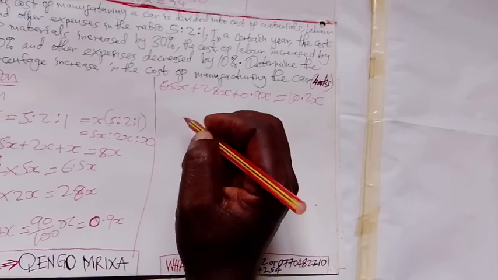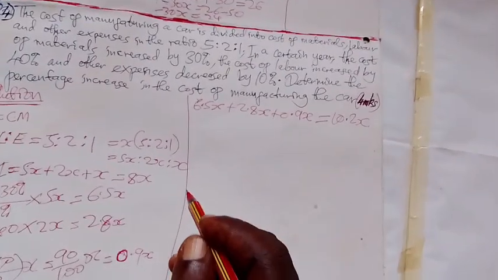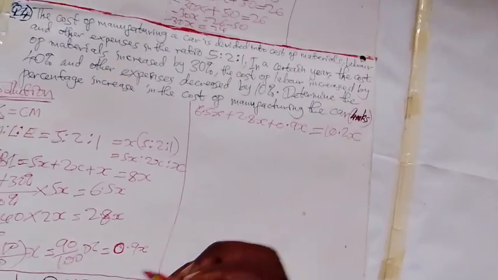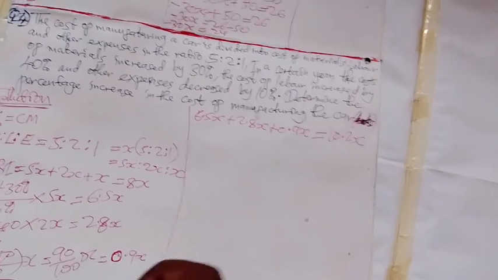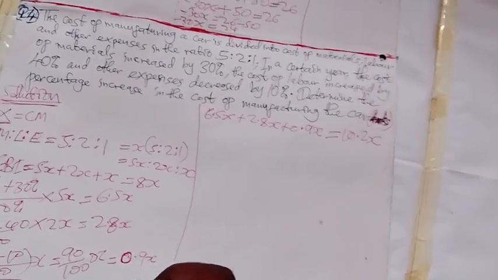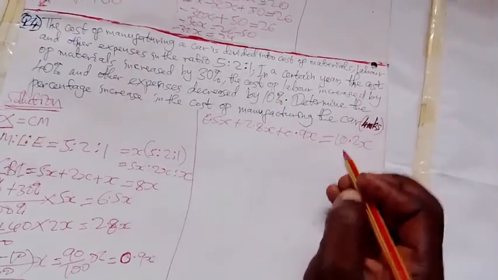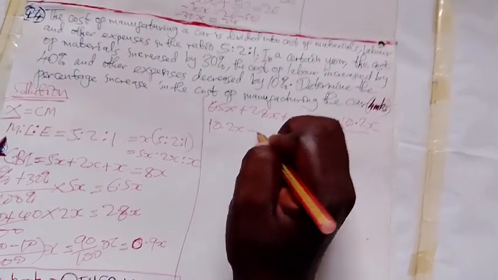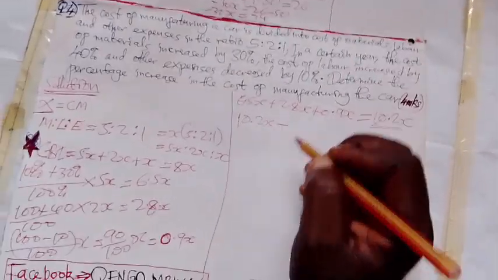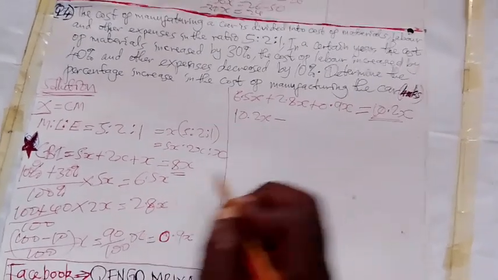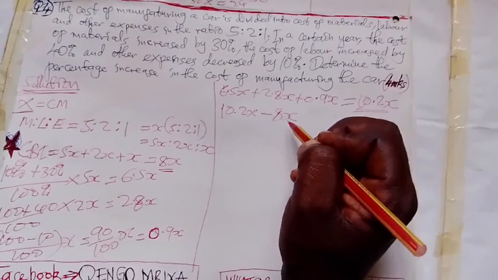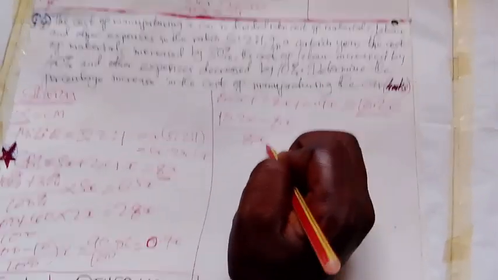Therefore, the percentage increase in manufacturing the car is given by new total cost minus cost before increase, over cost before increase. Therefore, new total cost is 10.2x minus cost before increase, which was 8x, over cost before increase, 8x.